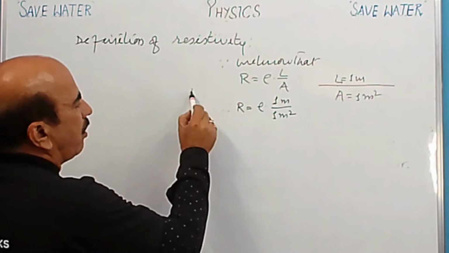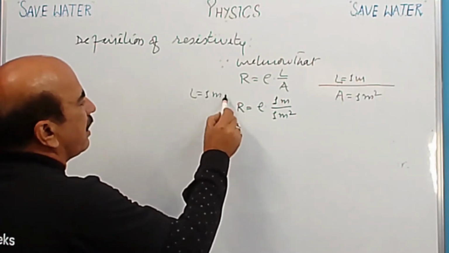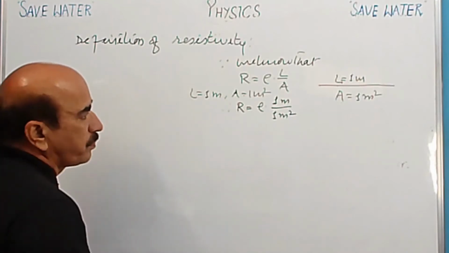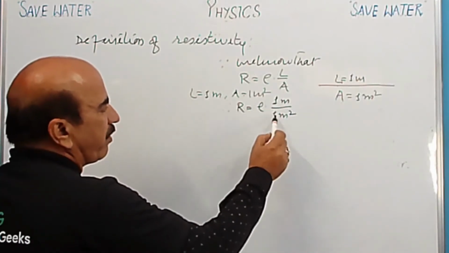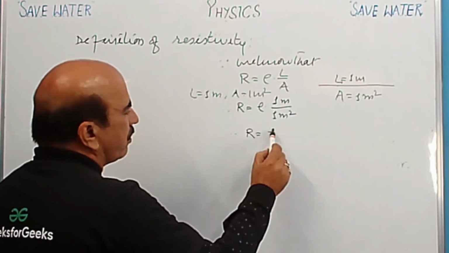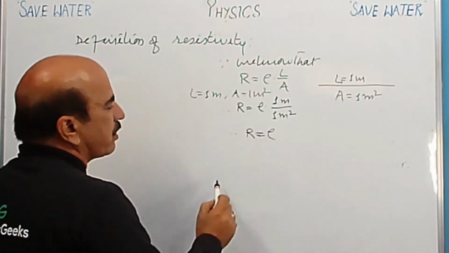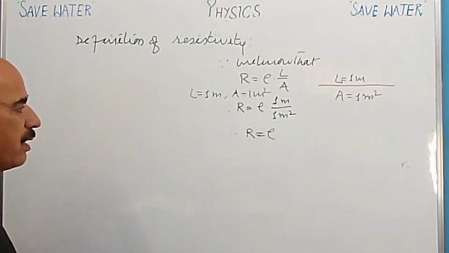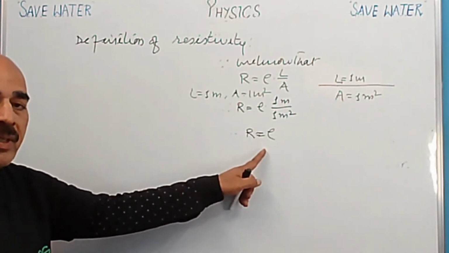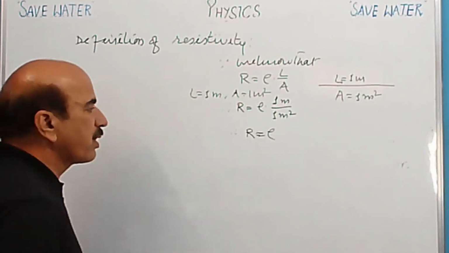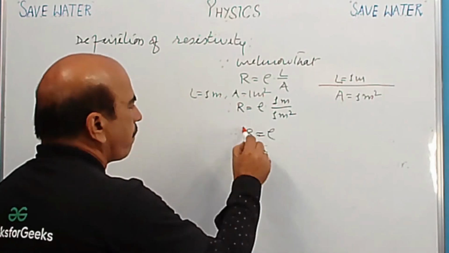So 1 divided by 1, what do we get? R is equal to rho, means resistance equals resistivity. This relationship will help us to define resistivity.